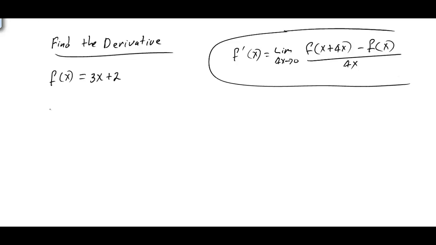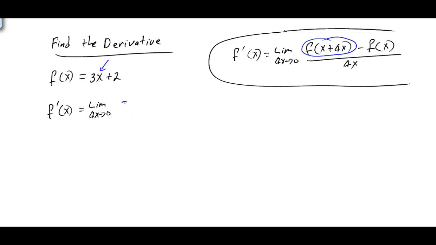And if we want to find f prime of x, we're going to take the limit as delta x approaches 0. And now we need to evaluate the function here at x plus delta x. So recall, that means we're going to plug x plus delta x in for x.